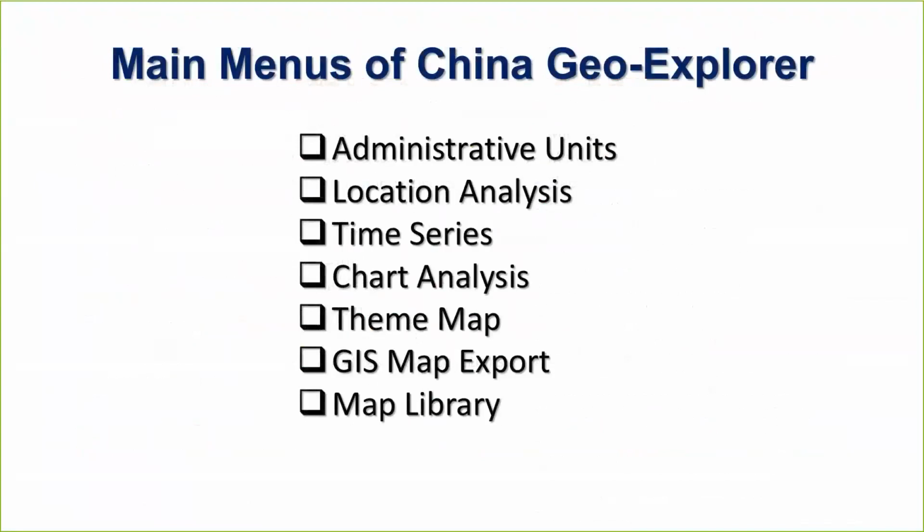It also provides time series data for unit statistics by province, city, and county neighbor cities. And for chart analysis, it provides trends based on the yearly statistics and also the economic census data. So you can see how the population structure and economic structure of a place have changed.